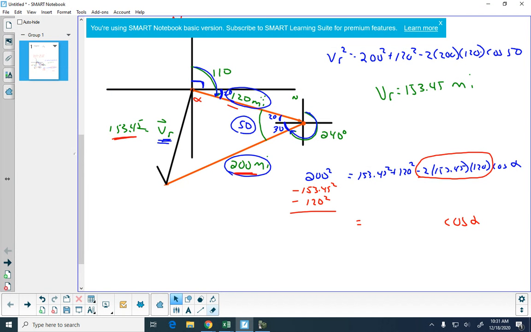Once again, you have to have patience as you go through these problems. We have 2053.8 here. I want to put a 0.81, that is fine. Then we have negative 2 times 153.45 times 120. We get negative 36.828 here, I think.